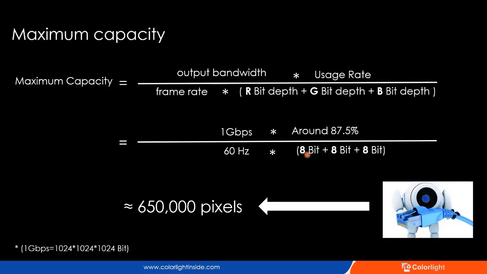For an 8-bit input source, we know that each pixel is composed of 3 colors: red, green, and blue. So the data of one pixel is 24 bits. Finally, we will get a result of around 650,000 pixels. That's how this number came from.